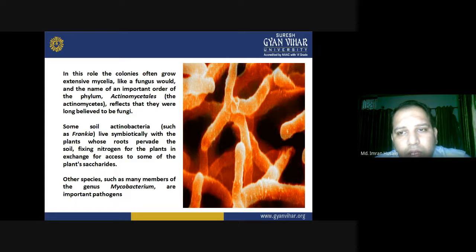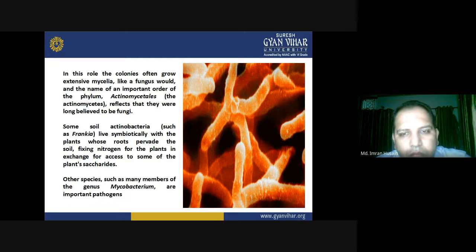So, this bacteria has a special characteristic. And what is that special characteristic? It grows mycelium on a very extensive scale. But according to microbiology, this is the characteristic of fungi. And fungi behave in a very different manner, right?